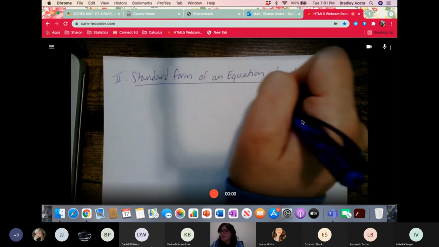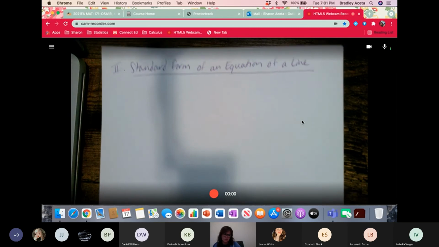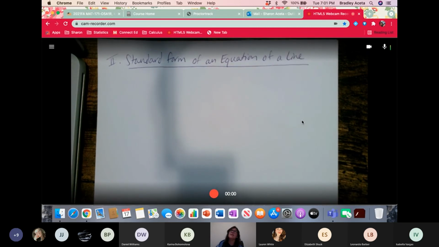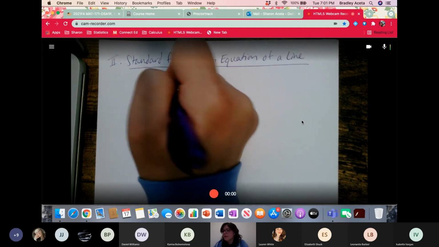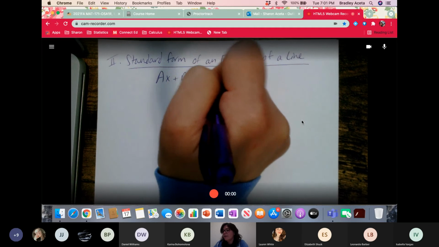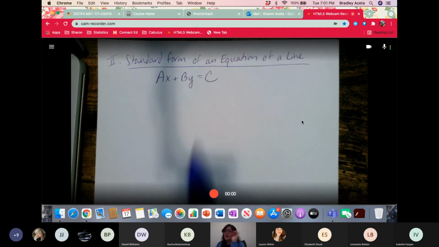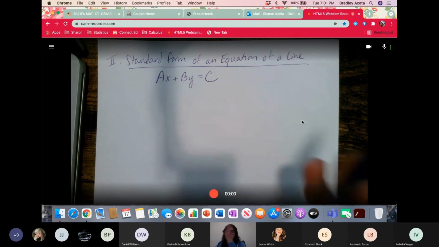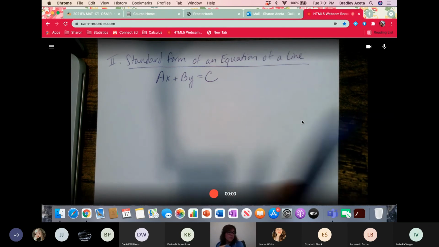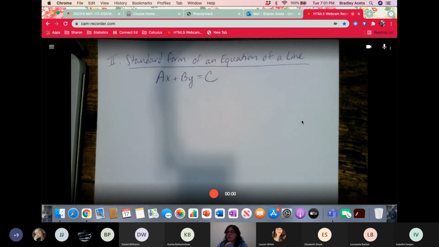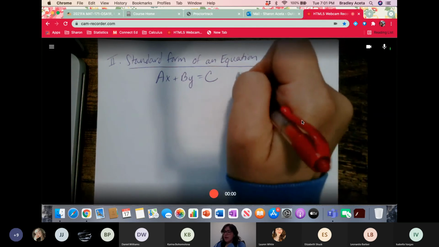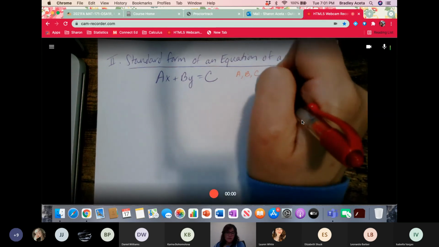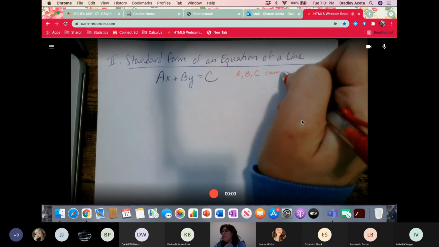You're not going to be asked this as much because mathematicians don't love it this way, but it is written this way, so you need to know that. But the standard form of an equation is ax plus by equals c. Anything written as ax plus by equals a number is going to form a line, okay? And just for your information, your a, your b, and your c cannot be fractions.